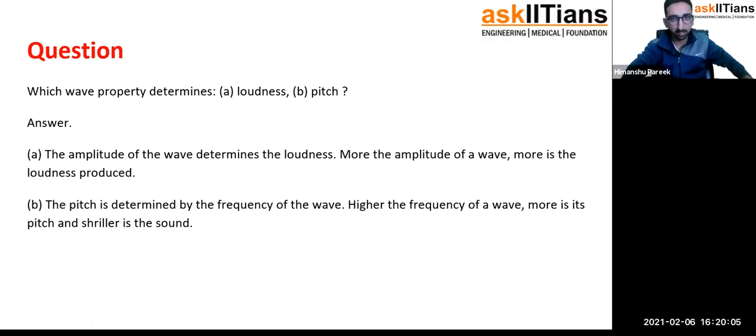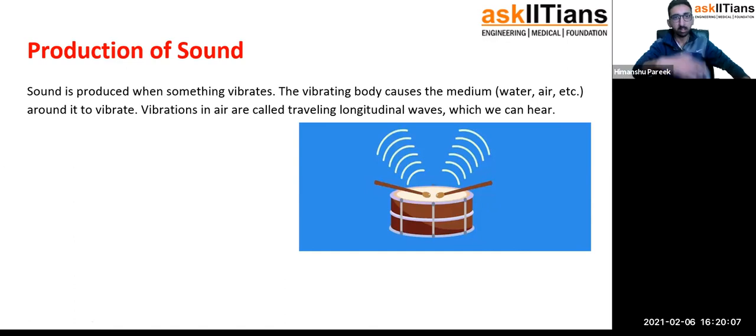Amplitude gives loudness. This I guess we have already done in the previous classes, the production of sound. I guess we are all now pretty comfortable with how the sound wave is being produced. The sound is produced with the help of vibrations. So we have to vibrate something, and with the help of those vibrations we produce the sound.